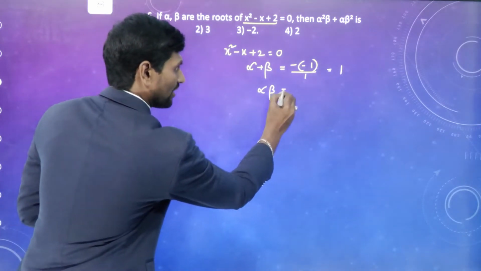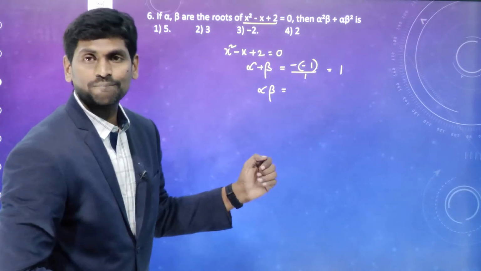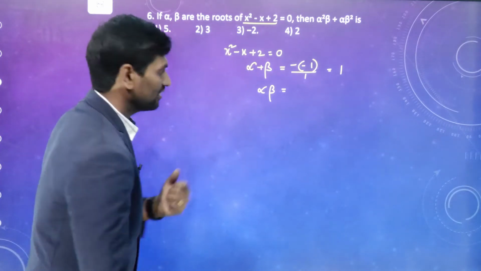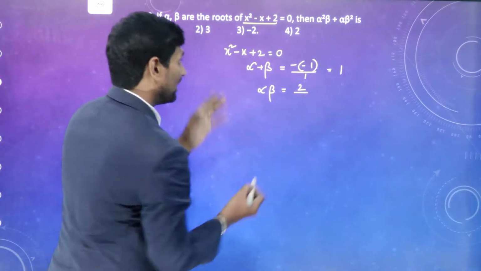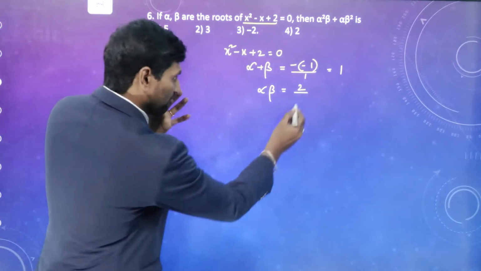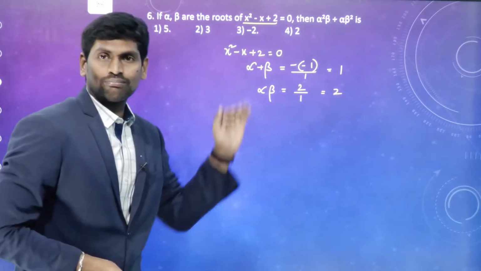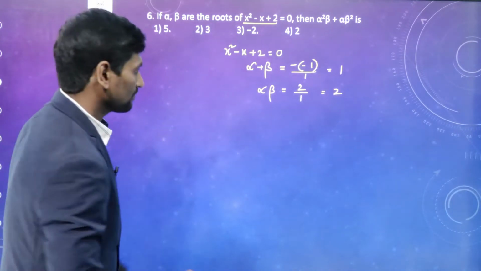Product of roots alpha into beta is c by a. c is nothing but the constant term. So what is the constant term here? 2. And x square coefficient is 1. So 2 by 1 is nothing but 2. So we have the sum of roots and the product of roots.